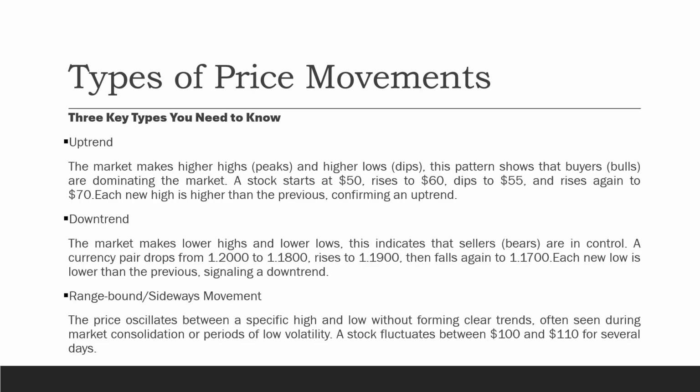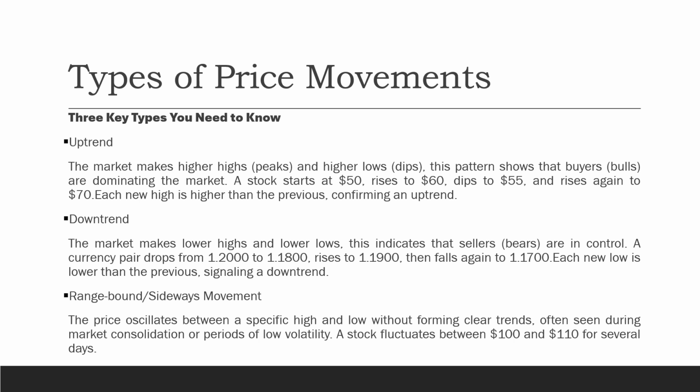Okay, moving further, the types of price movement. Yes, we need to know what types of price movement we have. We have the uptrend, also known as the bullish. The market makes higher highs, which are peaks, and higher lows, which are dips. This pattern shows that buyers are dominating the market.